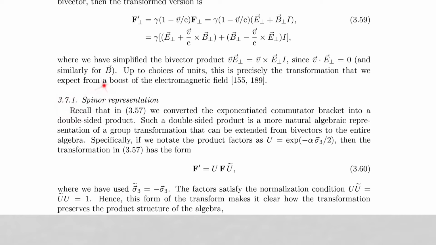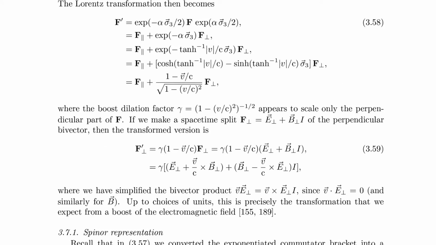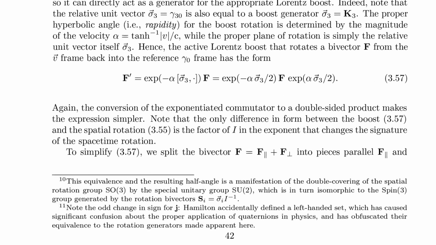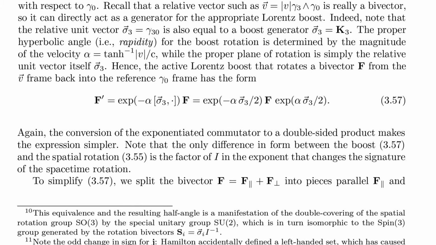All right, so here we are about to study this notion of Spinor representation. We've just gotten off the idea of figuring out how to rotate general bivectors in the spacetime algebra, and then we learned how to apply this to any vector, any multivector in the spacetime algebra.